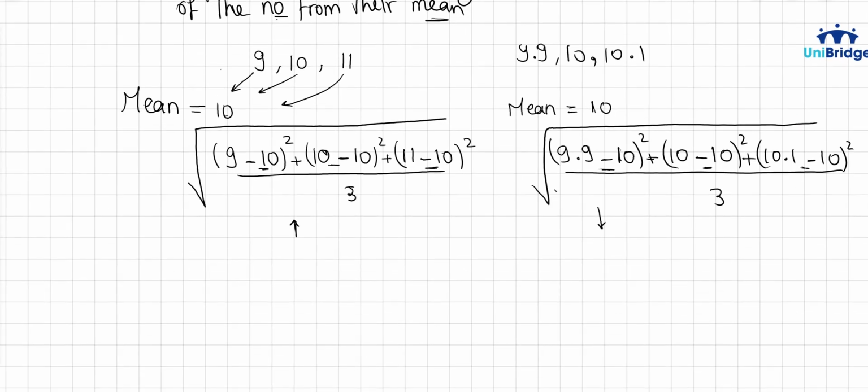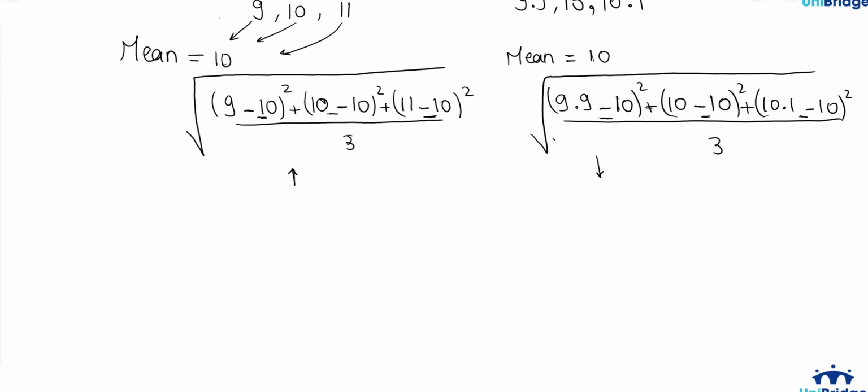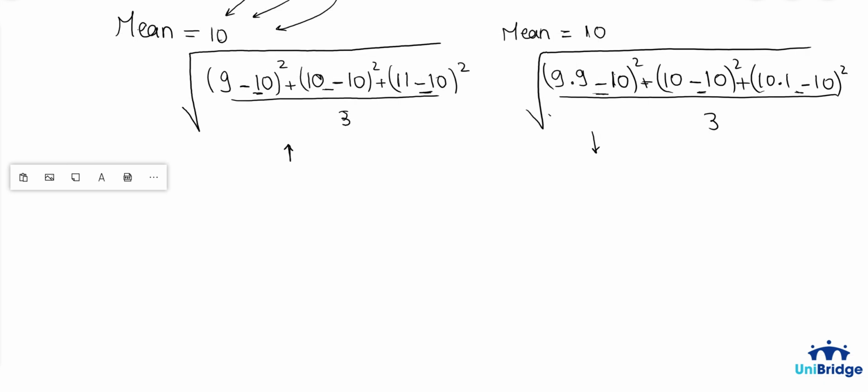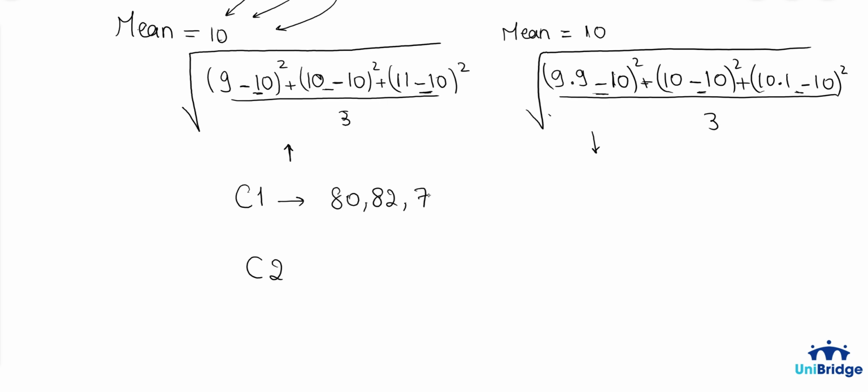So let's say I give you an example where you have two classes at a certain school, class 1 and class 2. Let's say the first class scores like this: 80, 82, 79, 78, 81, and 80.